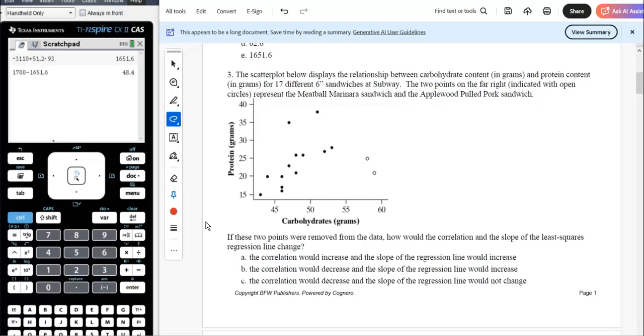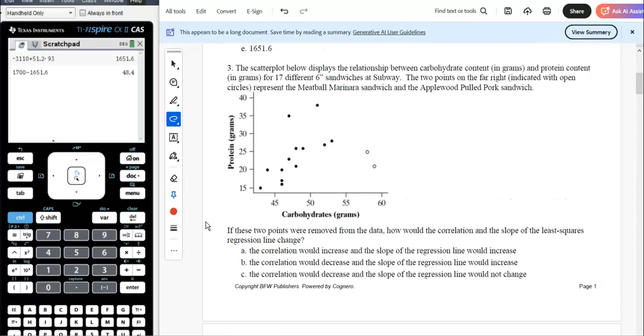Scatter plot display shows the relationship between carbohydrate in grams and protein content in grams for 17 different Subway sandwiches. 2 points at the far right, indicated with open circles, represent the meatball marinara sandwich and the applewood pulled pork sandwich. If these 2 points were removed, how would the correlation change?